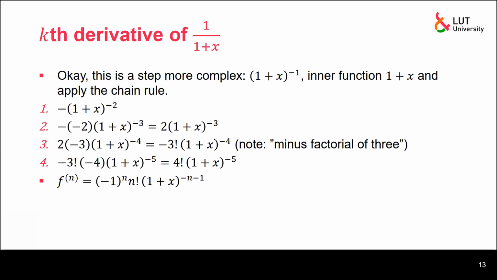Okay, we get the factorial of n, and then we get the minus n minus 1 power there. So it seems really straightforward, just need to notice the pattern there.